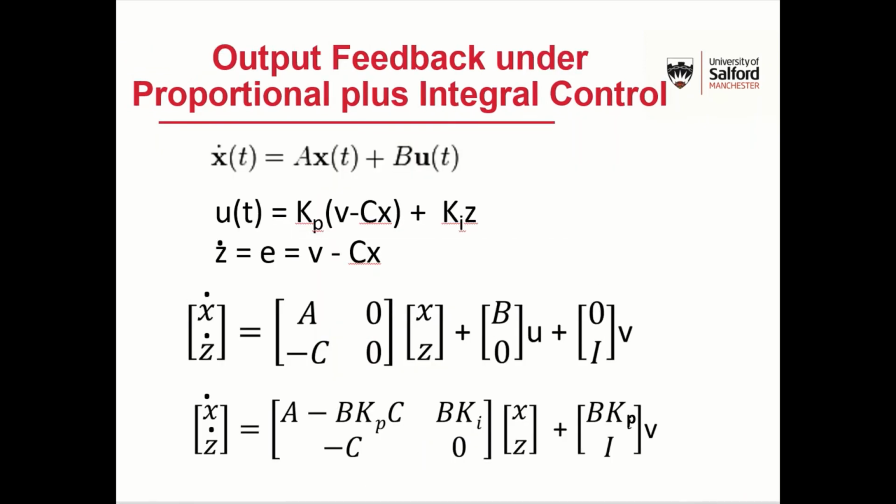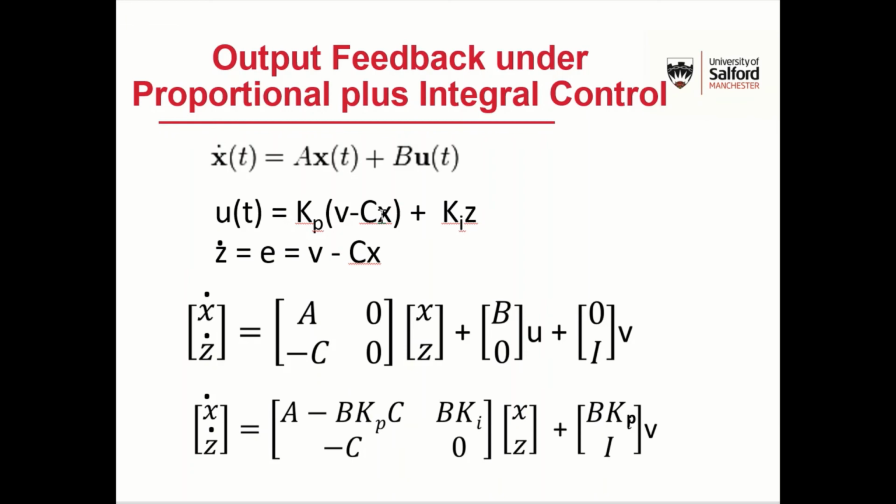And if we move on to our state space equations, x dot is Ax plus Bu. U now is Kp times the error plus Ki times z, where z dot is v minus Cx. So z, remember, is the integral of the error. So x dot is Ax plus Bu and z dot is v minus Cx. So that's our open loop state space equations.